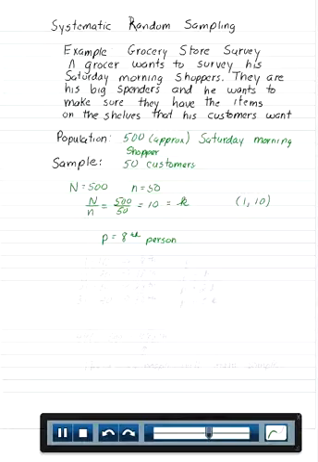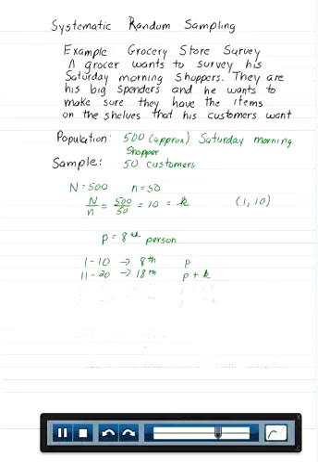So your sample would consist of, in the first group, the first 10 customers, and that would be the 8th person. In the second group, 11 through 20, that would be the 18th person, because according to the formula, you start off with P, and then you do P plus K, and K is 10, so that would be your 8 plus your 10.